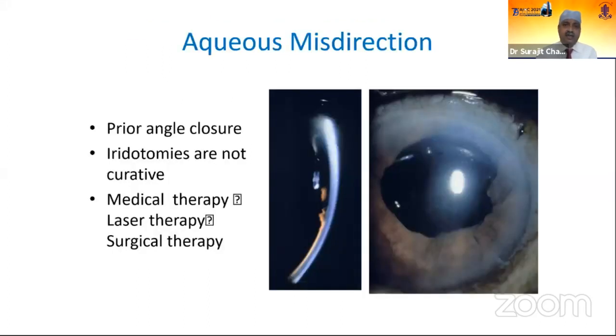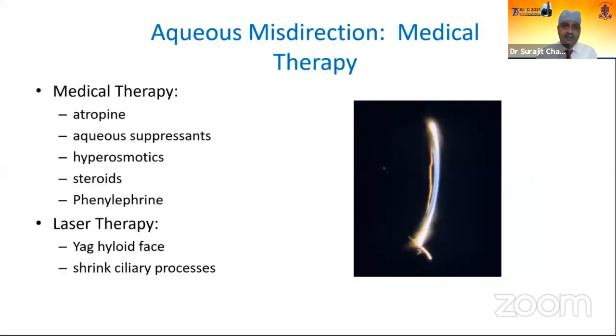Aqueous misdirection is the other notorious thing. In prior angle closure, iridotomies are not curative in this case, or rather iridotomies are required to establish the diagnosis. Medical therapy, laser therapy, and surgical therapy are the options. Medical therapy with atropine, aqueous suppressants, hyperosmotics, steroids, and phenylephrine.